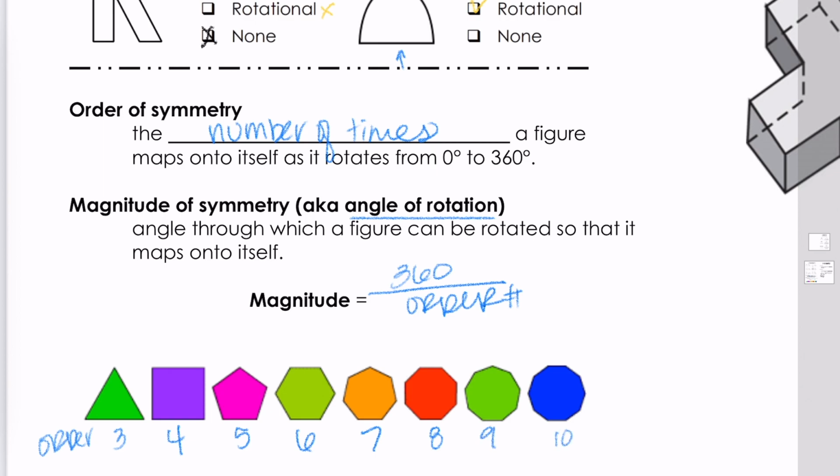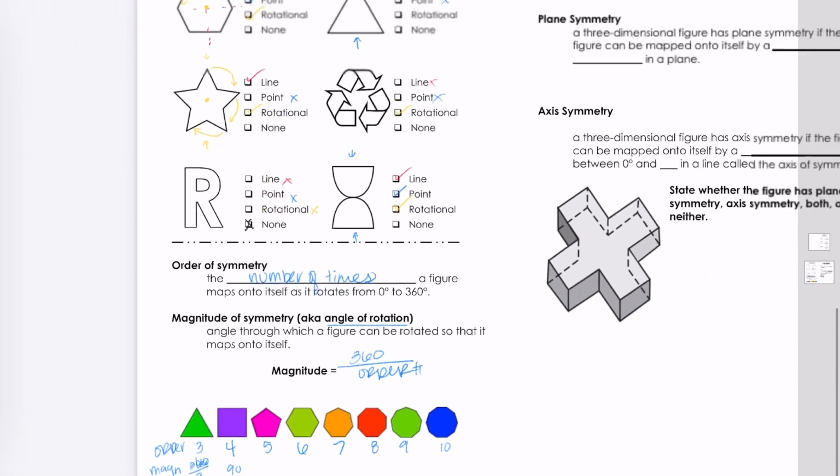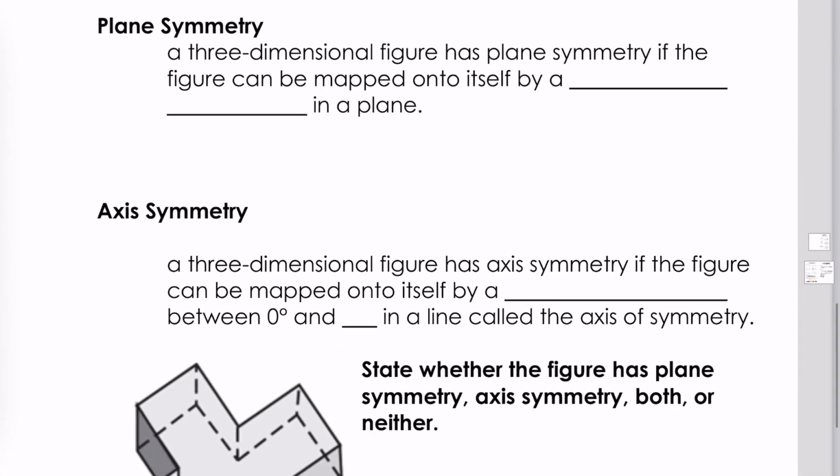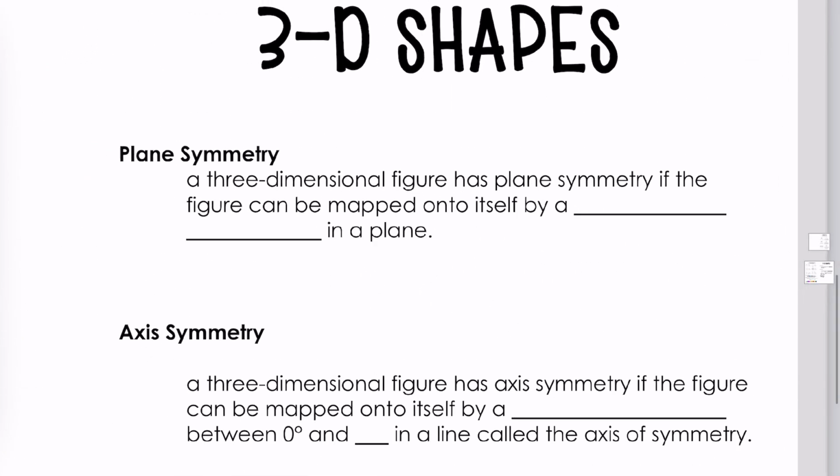Now, that magnitude can be figured out by doing 360 degrees divided by that order number. So for the triangle, it's going to have that rotational symmetry, and the order of symmetry helps us determine that it's going to be 120 degrees of that angle that we're rotating it at, because it's 360 divided by 3. That square is going to be 90 and so forth. You guys can do the math.